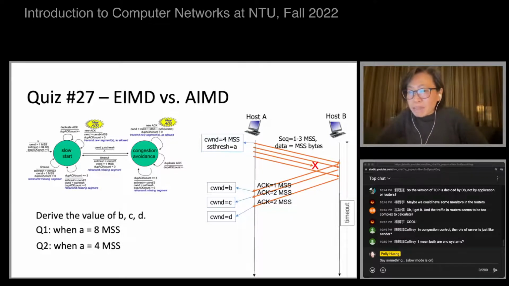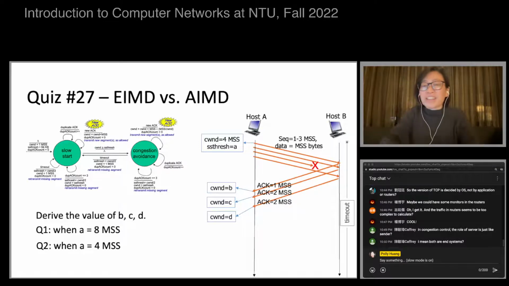What would be the values of B, C, D? You want to show your derivation. And you see that if A is 8 versus 4, how host A reacts to a new ACK is different, isn't it? The new ACK transition in slow start versus in congestion avoidance are different.